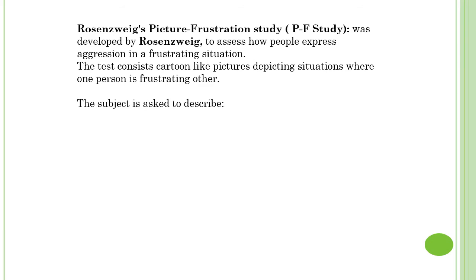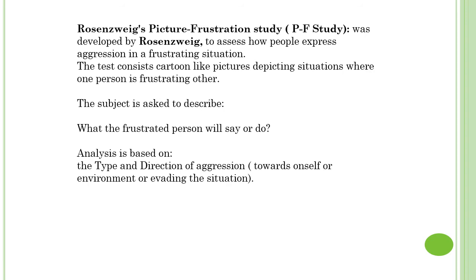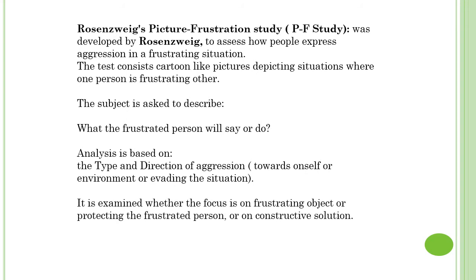And the subject is asked to describe what the frustrated person will say or do. An analysis is based on the type and direction of aggression, that is towards oneself or environment or evading the situation. And it is examined whether the focus is on the frustrating object or protecting the frustrated person or a constructive solution.